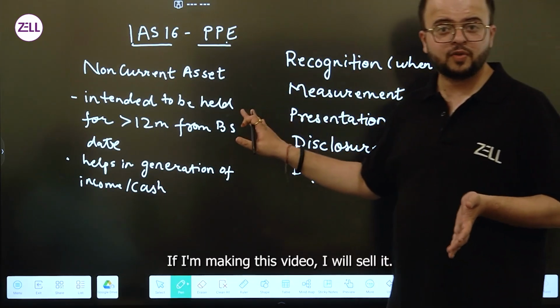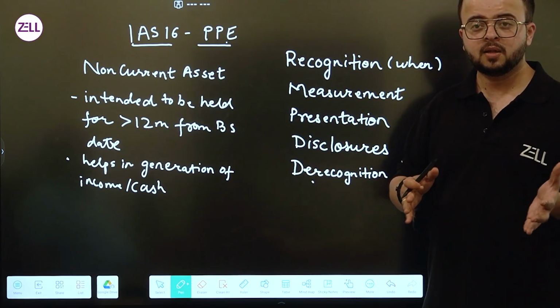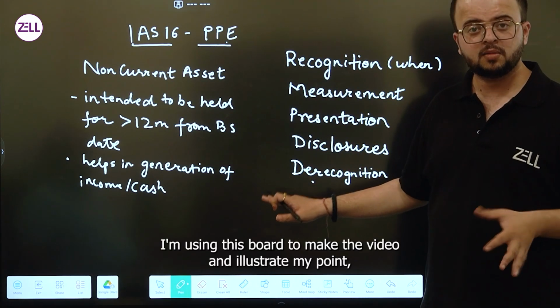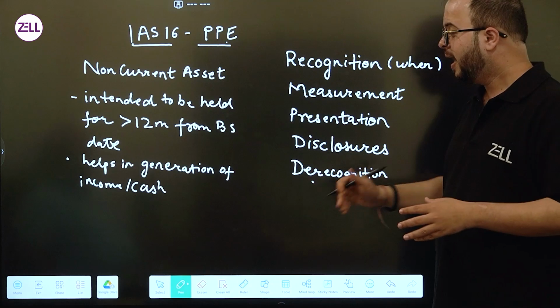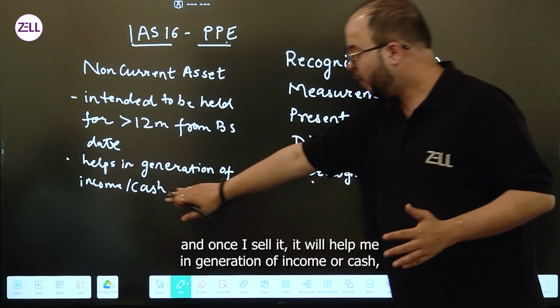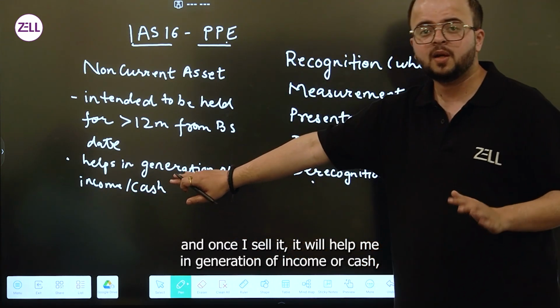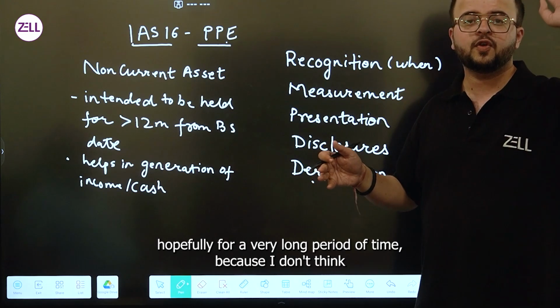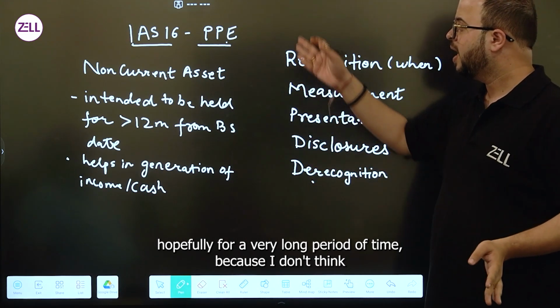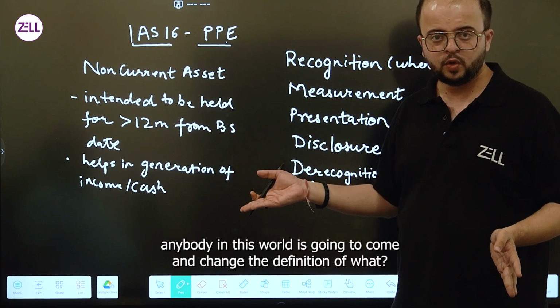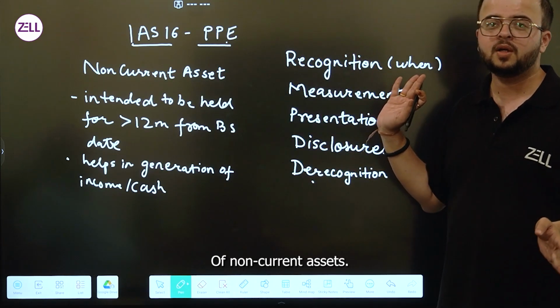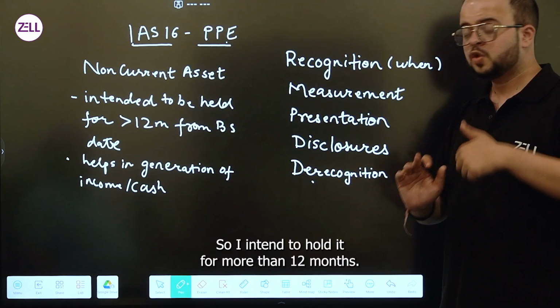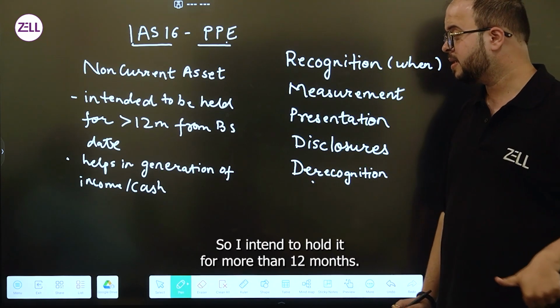If I'm making this video, I will sell it. I'm using this board to make the video and illustrate my point. And once I sell it, it will help me in generation of income or cash, hopefully for a very long period of time, because I don't think anybody in this world is going to come and change the definition of what a non-current asset is. So I intend to hold it for more than 12 months.